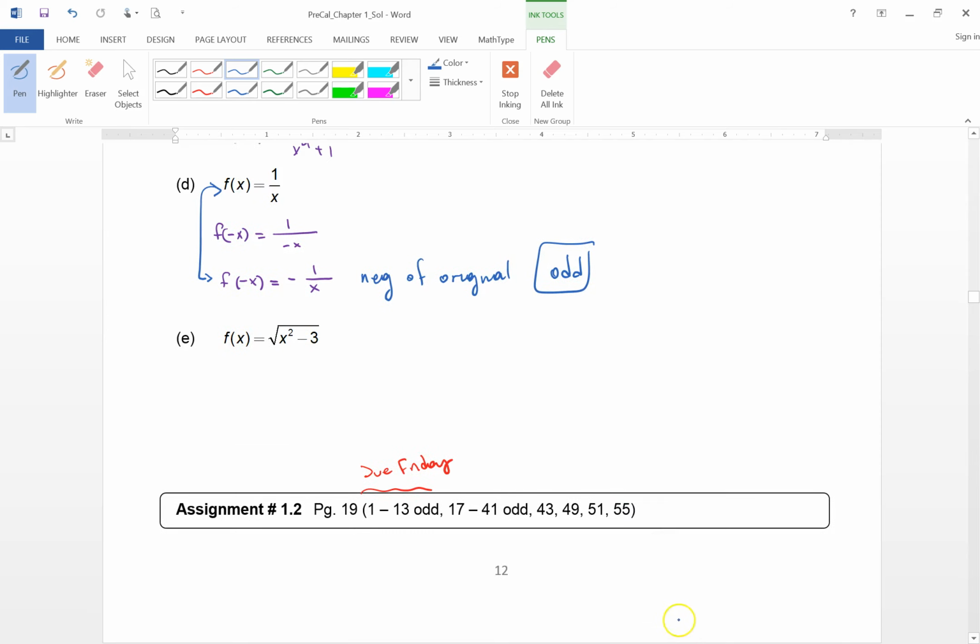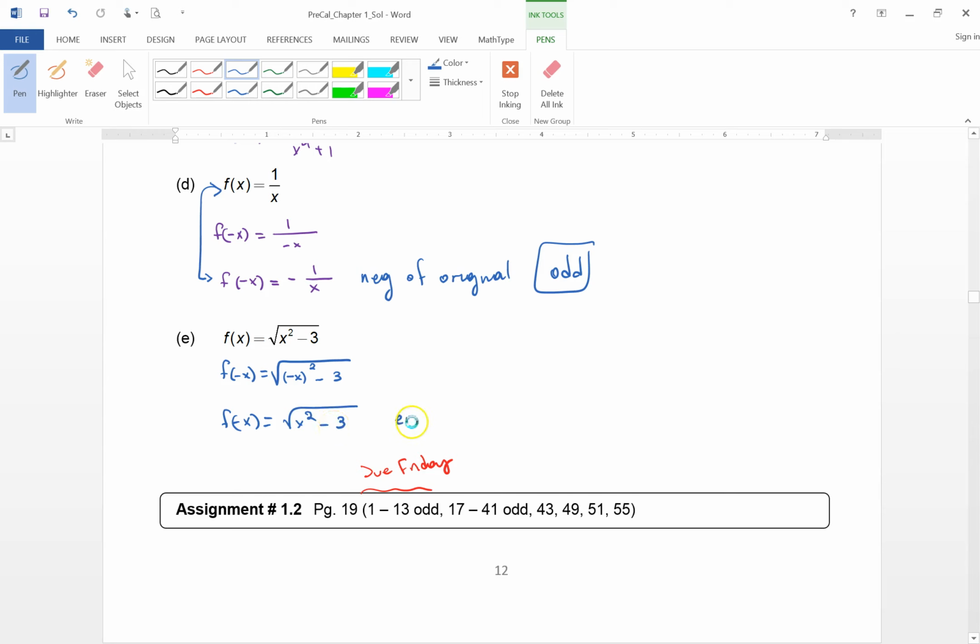Finally, the last one, f of negative x is the square root of negative x squared minus 3. The square root of x squared minus 3, what type of function?